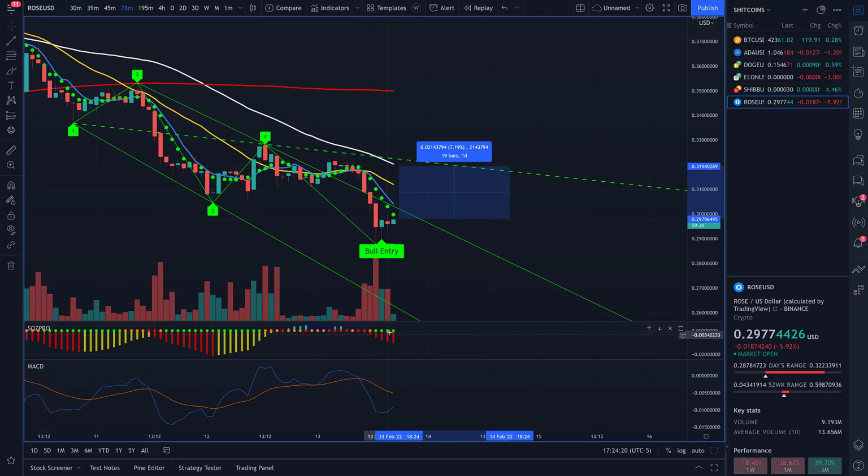What you want to do is look at whether there's a TTM squeeze here. There are no red dots forming. The last red dot that formed triggered and sold Rose off down for 3 cycles: 1, 2, and 3. Now it's displaying a green dot, and green dots represent expansion.